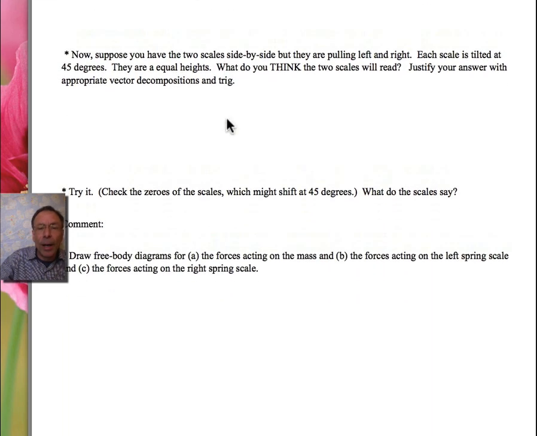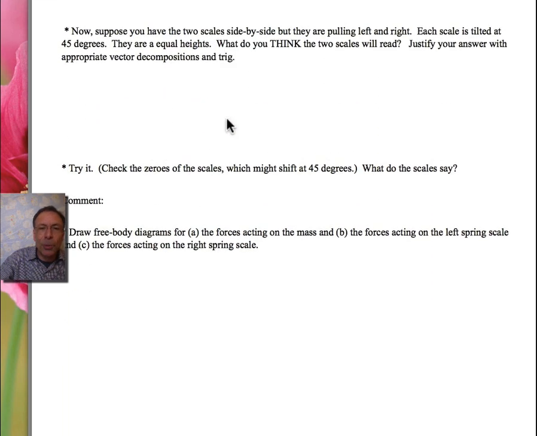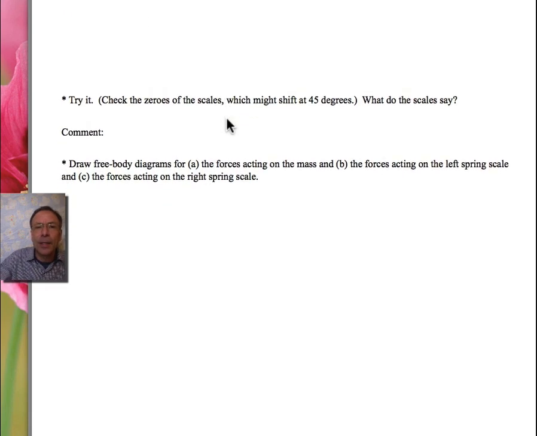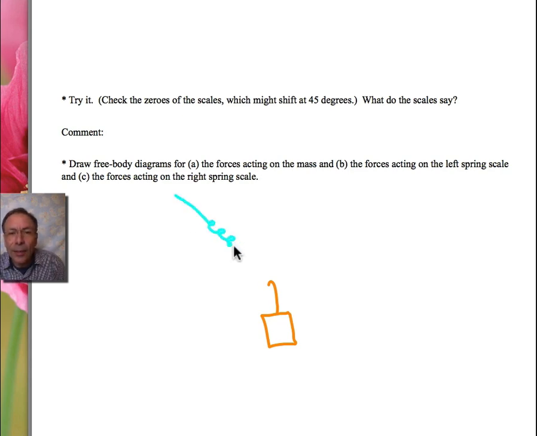The next one is much more complicated. The next exercise, the idea is that you've got a mass. Once again, here's your mass. And you've got a spring going like this at an angle, and it's holding it up. And you've got another identical spring, also at an angle, holding it up.